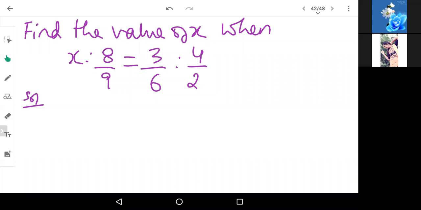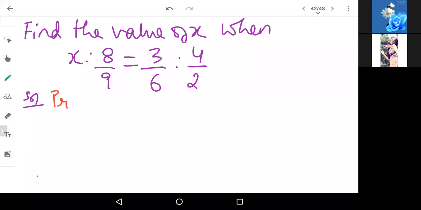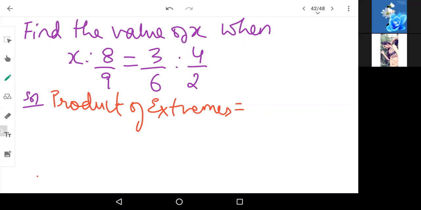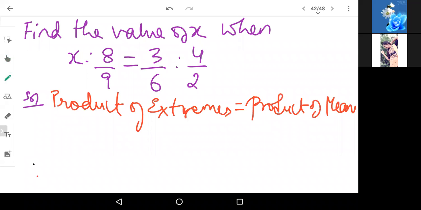So here we are directly using product of extremes is equal to product of means. What are extremes? x into 4 by 2, the first number and the last one.